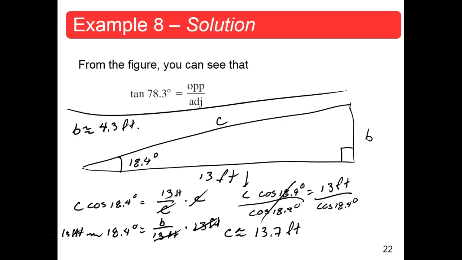Sine is what? V, 5. That's 5 in Roman numerals, okay? So sine is opposite over hypotenuse. Cosine is what? 4. That's adjacent over hypotenuse. Tangent? 6. Opposite over adjacent. Cosecant?